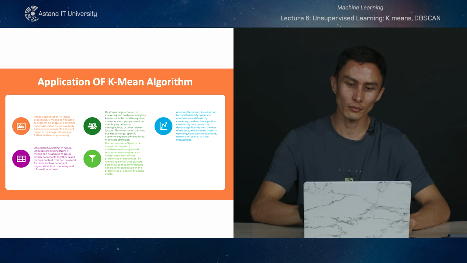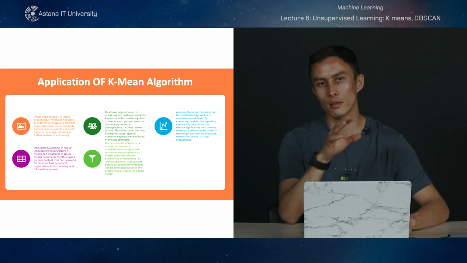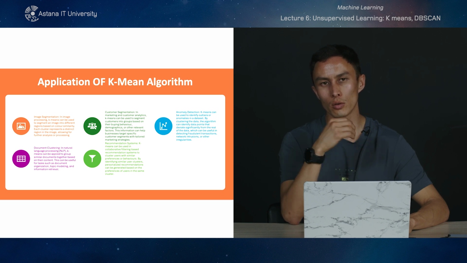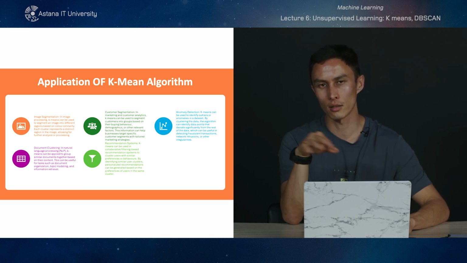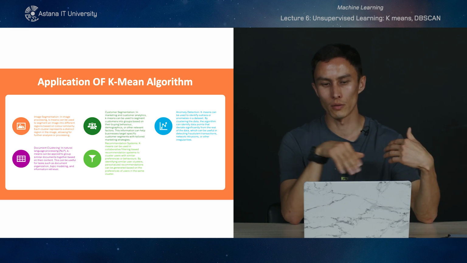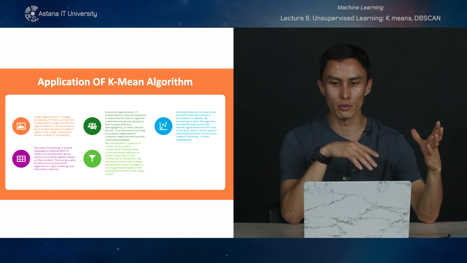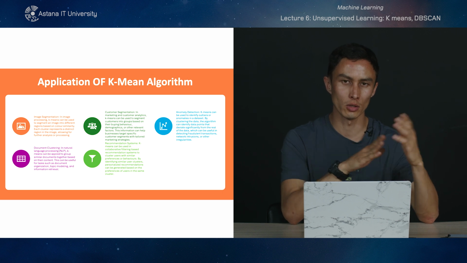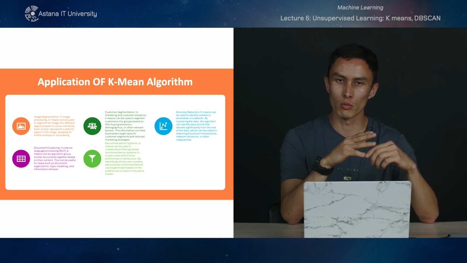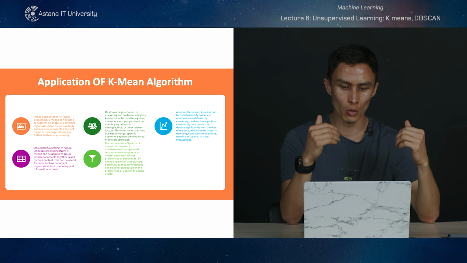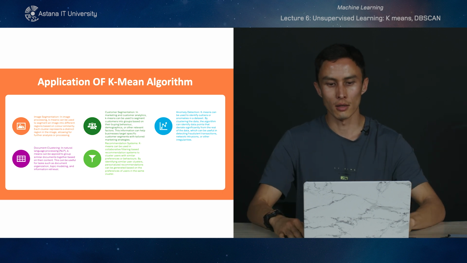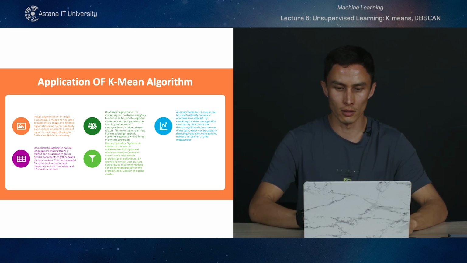In all of these cases, where you want to cluster and separate data into different classes, this distance measure is implemented. As we mentioned before, it can be Euclidean distance or Manhattan distance, and it can also be used in anomaly detection.